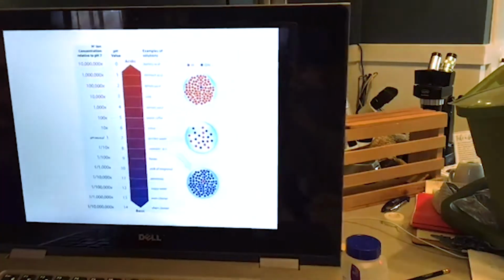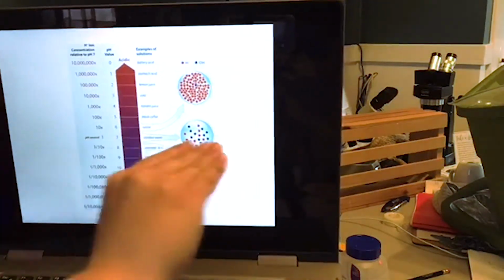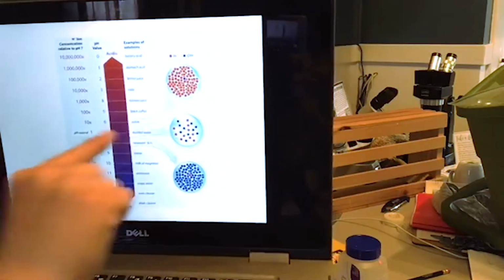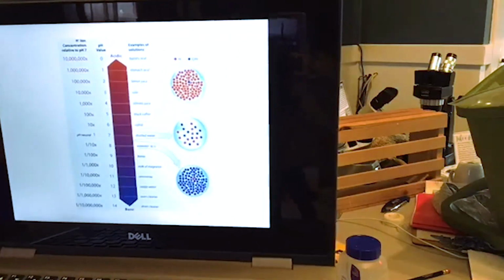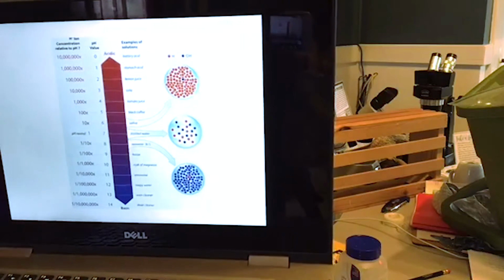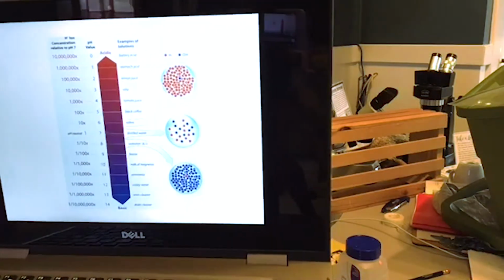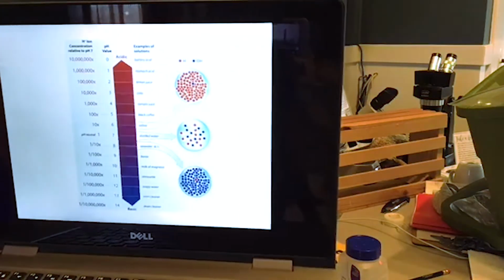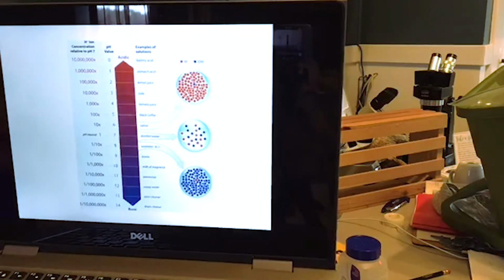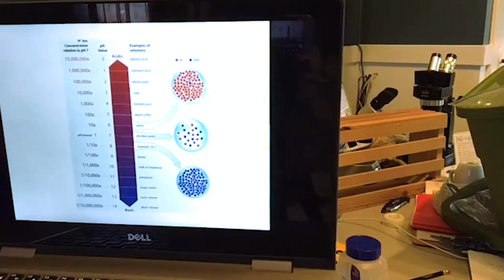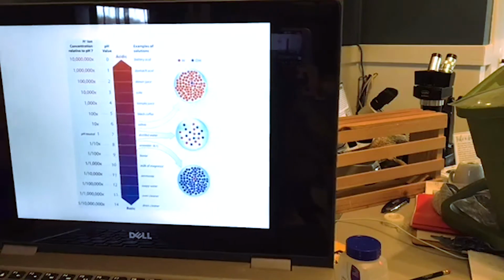When you have H2O, there's a perfect balance of what you can see here is the red and the blue. Even just one extra on either side will start flipping you to a more basic solution if you have more hydroxide ions, or a more acidic solution if you have more hydrogen ions.